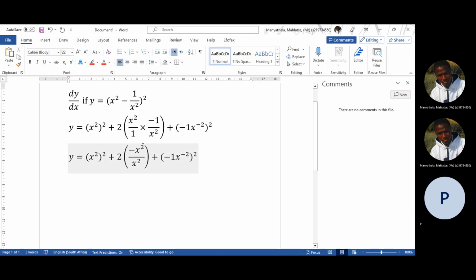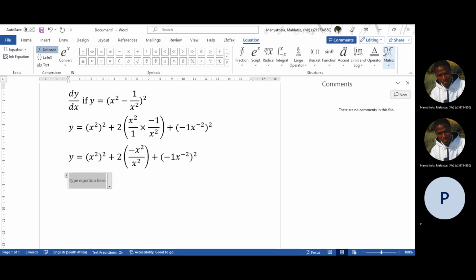So, same basis, what we do is subtract the exponents. Meaning we'll have something like this: y equal to, here we have a power multiplying another power, so it will be x to the power 4, because we have 2 multiplying 2.